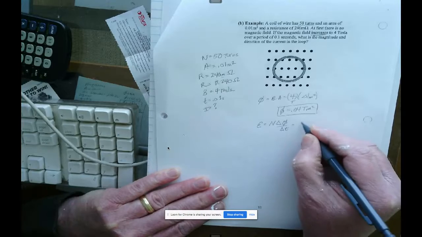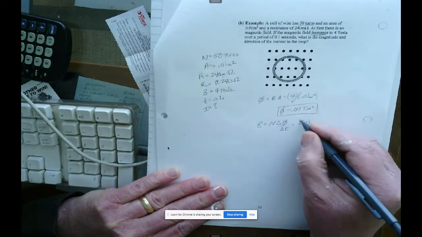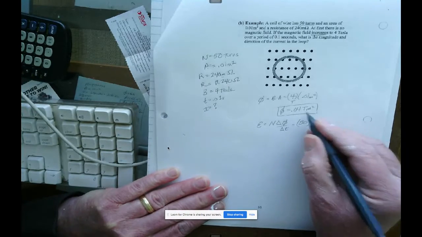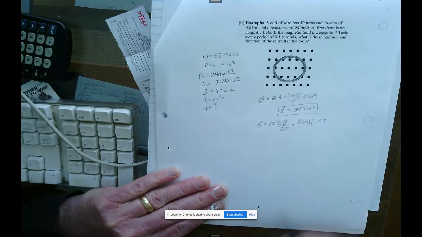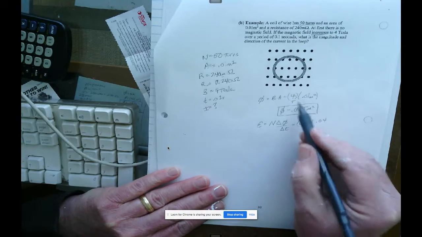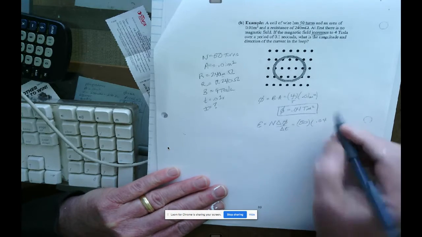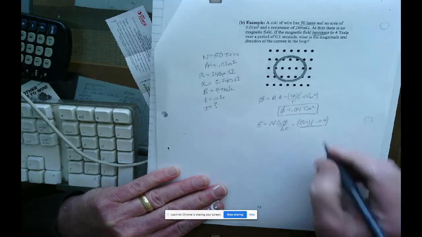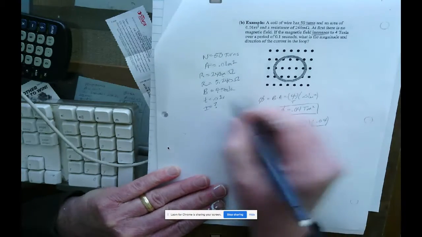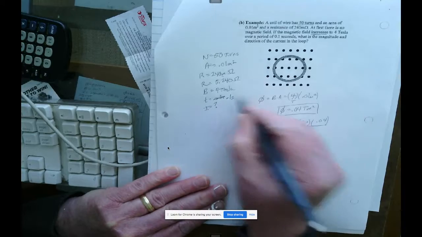So N is the number of turns, was 50. And the change in flux is going to be 0.04 because it starts at 0 because there's no field, and then it's turned up to 4 for the magnetic field, which gives us a flux of that. And then divided by the time, and the time is, if I have that wrong, it's 0.1 seconds.